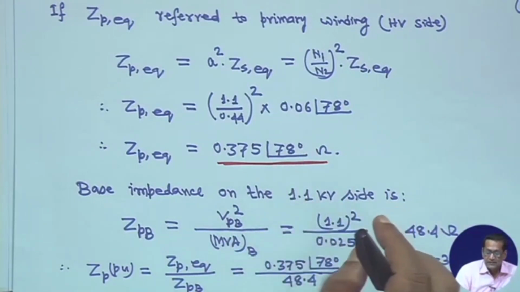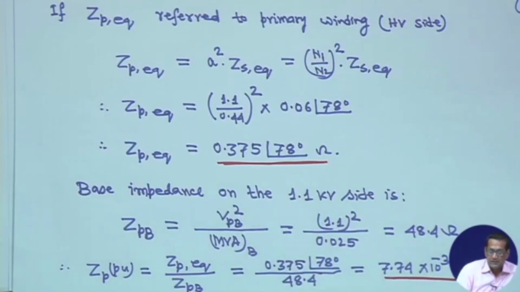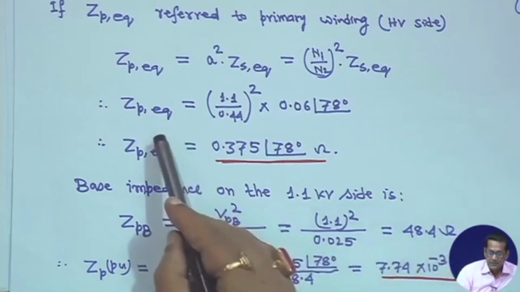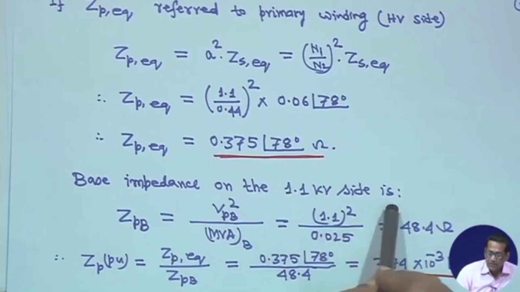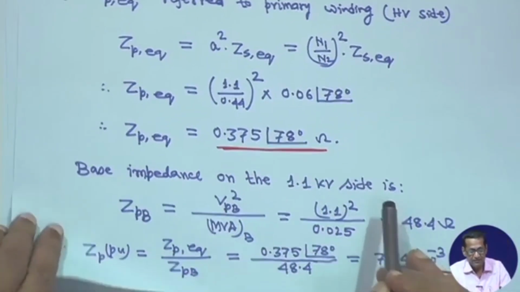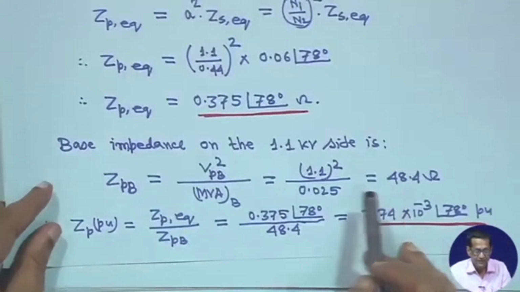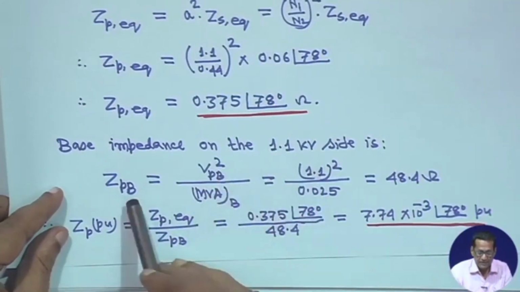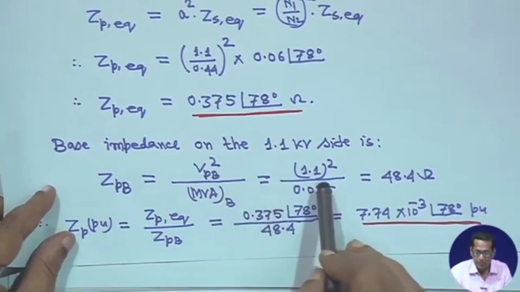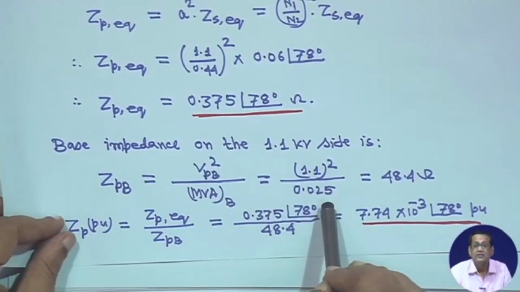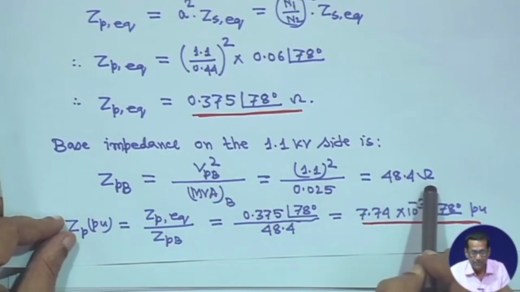Once you have ZPEQ, the base impedance on the 1.1 kV side is ZPB, equal to VPB square upon MVA base, equal to 1.1 whole square upon 0.025, equal to 48.4 ohm.